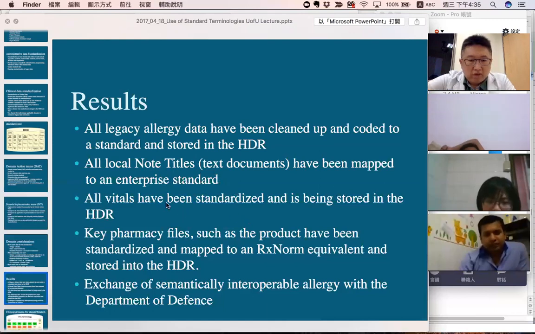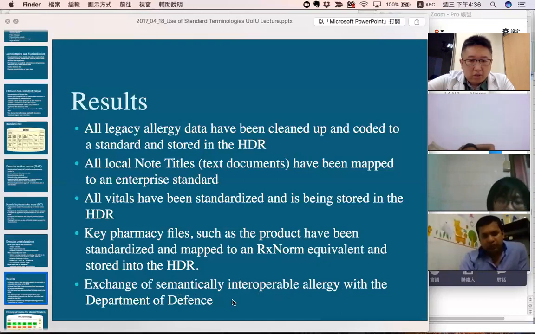Then the vital signs are easy. They just standardize and store in their HDR. And for pharmacy, I remember the Arsenal, maybe they work with 3M, and maybe they contributed to the NLM.